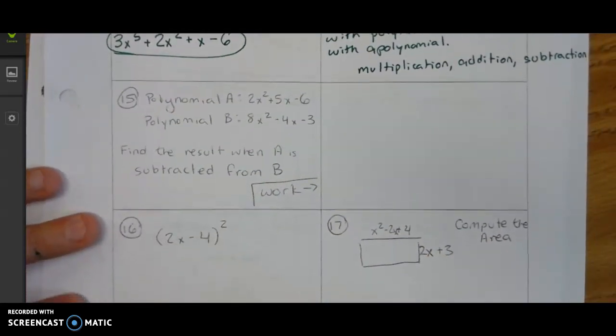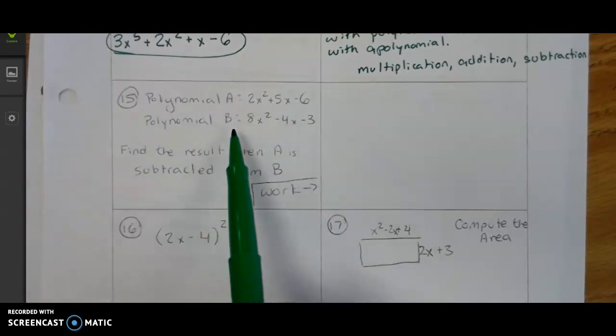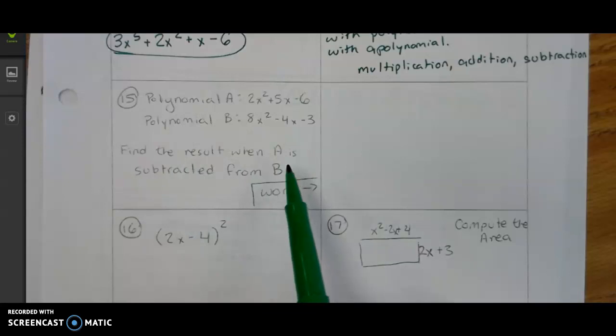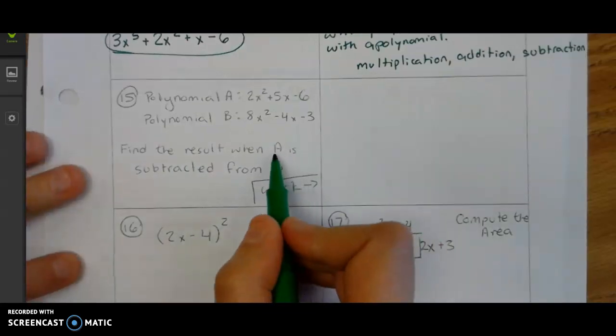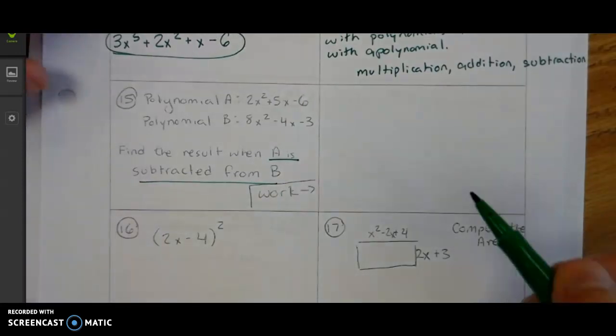Number 15 says polynomial A is this, polynomial B is this. Find the result when A is subtracted from B. If I tell you that 5 is subtracted from 6, that means I do 6 minus 5.